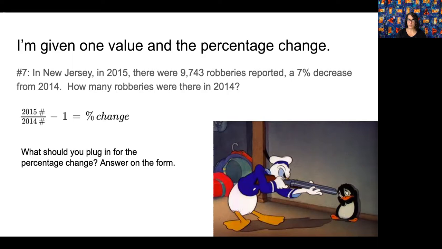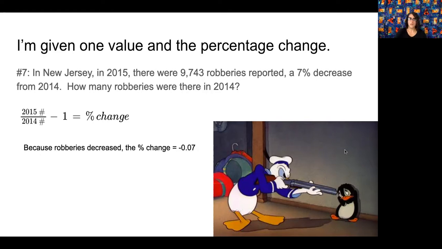So looking at this, what's the value we should be using for percentage change? Answer me on the form. So my percentage change is 7%, but it's a 7% decrease. So the value I need to use for percentage change is negative 0.07. Be on the lookout for those decreases and pay attention to them.